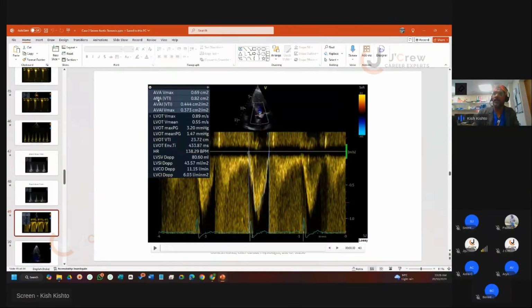As you can see, the AVA here is 0.69, and with the index it is 0.4. Similarly, you will have some sort of guideline that you're following. This is our BSc guideline.